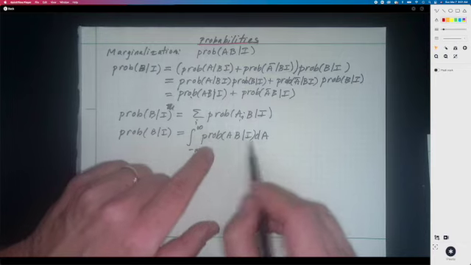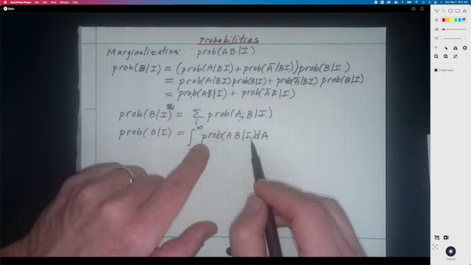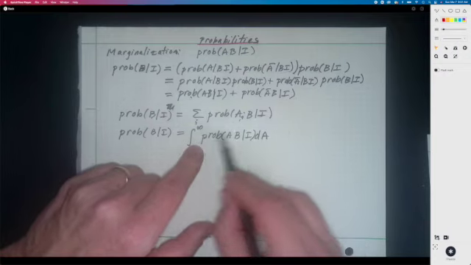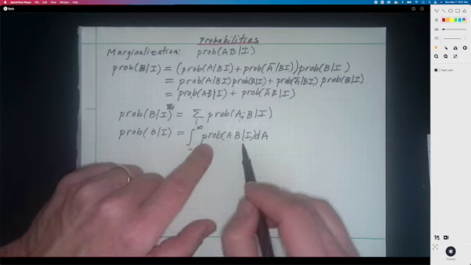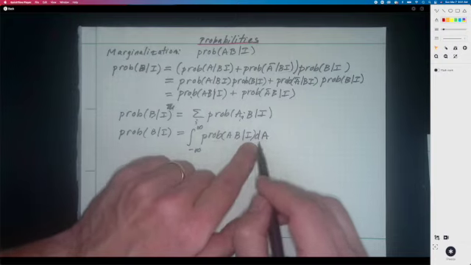In this case, although we call it probability again because it's convenient to do so, we have to multiply by dA in order to get a probability. So this is a probability density, the amount of probability per unit interval of the quantity A.